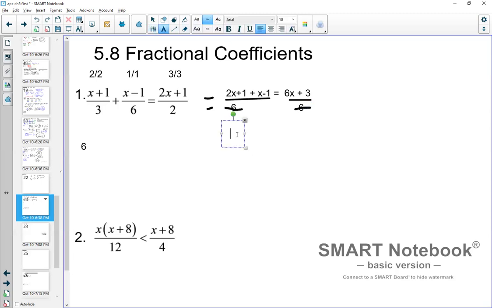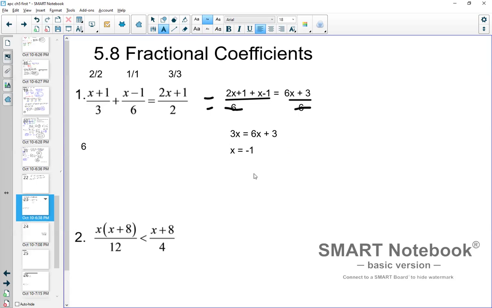We wanted to be left with the stuff on top. So combine some like terms: 3x, the ones cancel out, equals 6x plus 3. I believe your final answer is going to be x equals -1. So x equals -1 there, pretty straightforward.